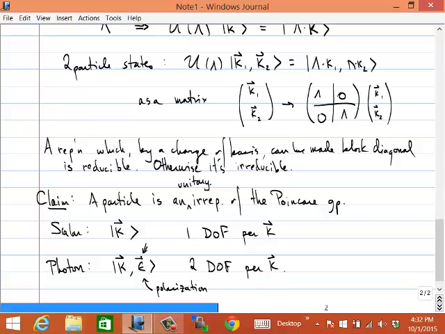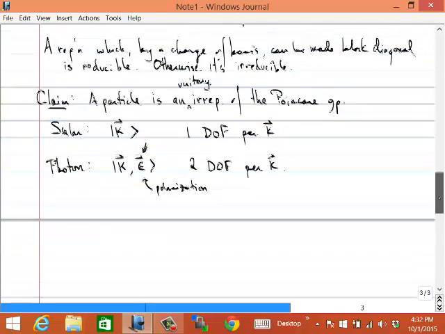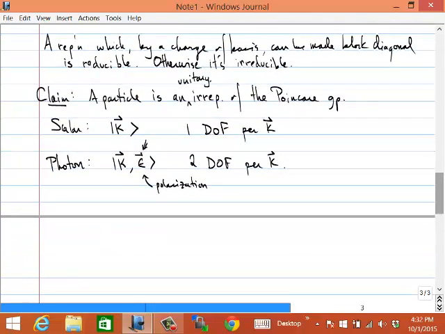So why am I introducing this fancy mathematical language? Well, the reason is that there's a remarkable result, which is in fact a mathematical theorem. There's a theorem by Wigner which classifies all possible representations of the Poincare group.